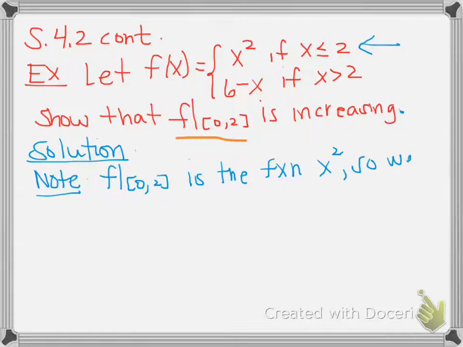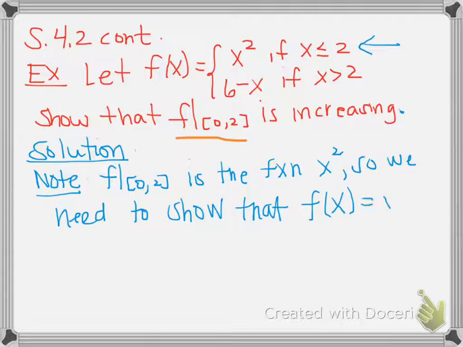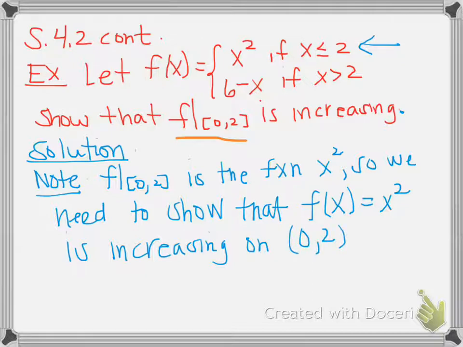So we need to show that f of x, which equals x squared, is increasing on [0, 2]. Okay. And actually, let's pause. This proof is actually in your book.